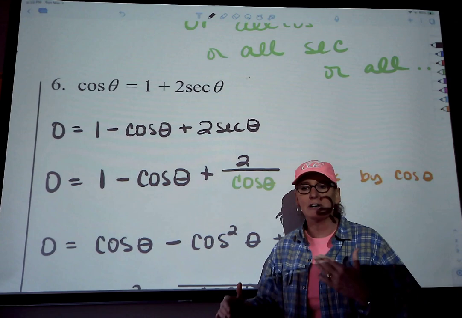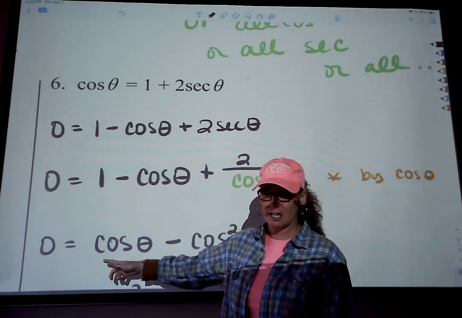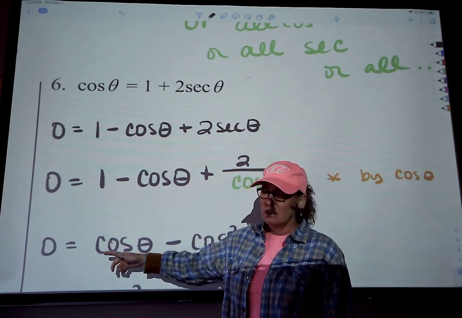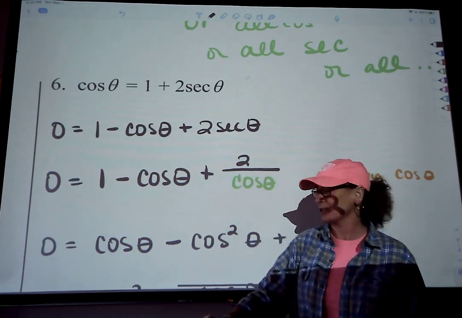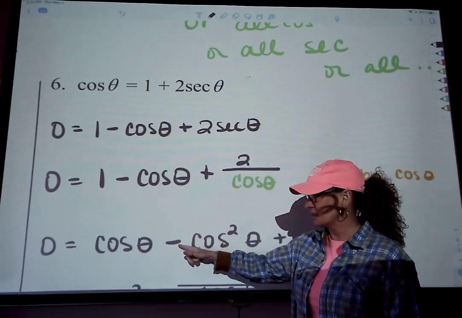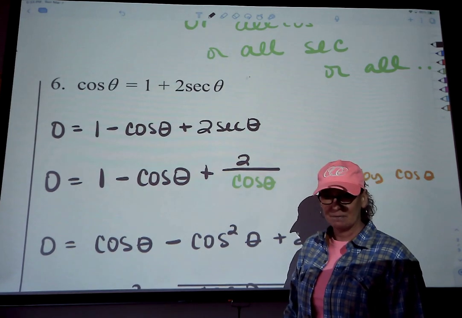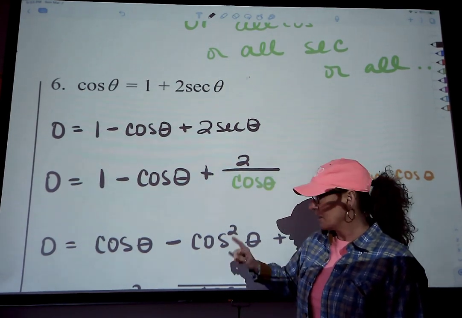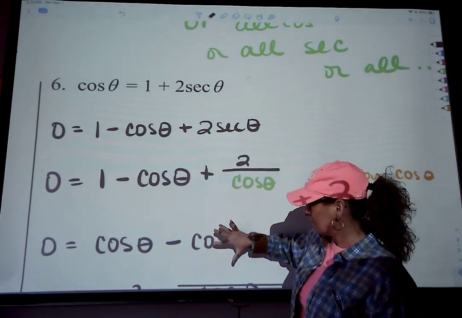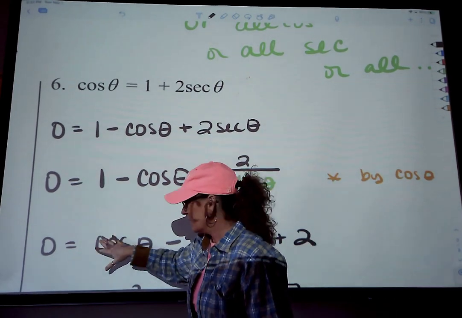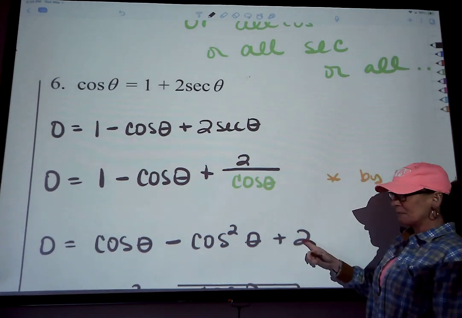Ready? I need to do a little rearranging. Cosine squared needs to come out to the front. Oh my goodness, I hate factoring when my leading coefficient is negative. So here's what I'm going to do. I'm going to do 2 things in one step. I hope I don't lose you. I'm going to rearrange. I'm going to put this in the front, this in the middle, and this in the back.